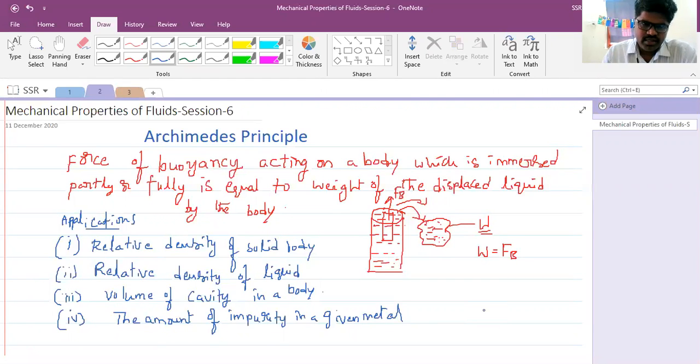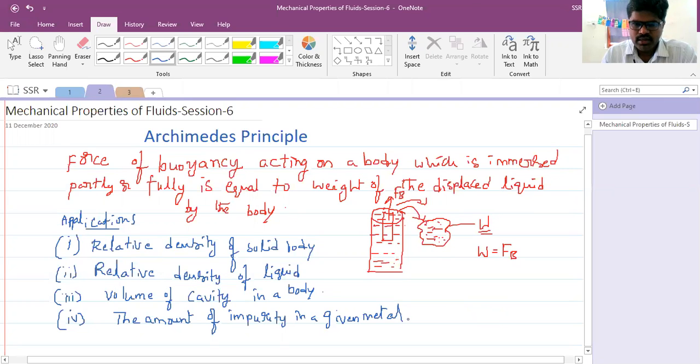Archimedes principle states that when a solid body is fully or partially immersed in a static liquid, then the buoyancy force acting on the body is equal to the weight of the displaced liquid by that solid body. Displaced means, suppose the glass is filled up to the brim, up to the surface.